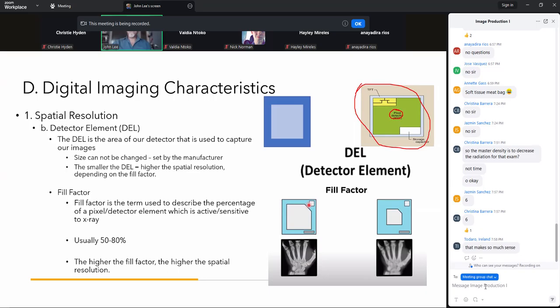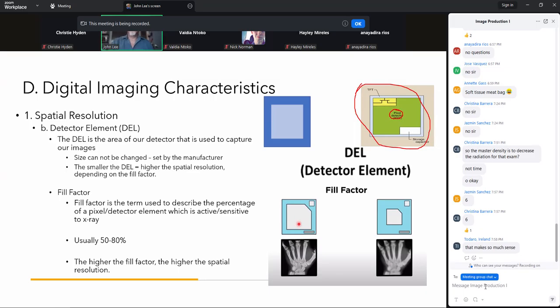Because there is a thin film transistor and a storage capacitor that goes with each one of these detector elements, real estate is limited. So we have a fill factor for how much silicone or selenium is going to be in each one of these elements. Typically, we're looking at 50 to 80% fill rate.